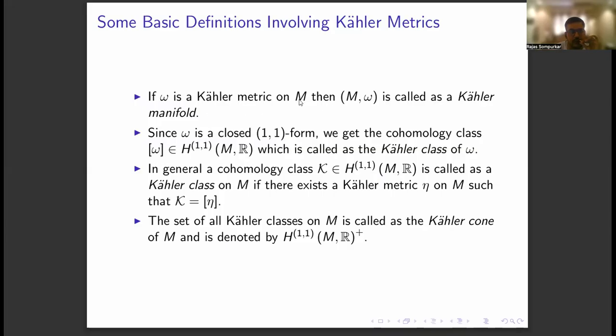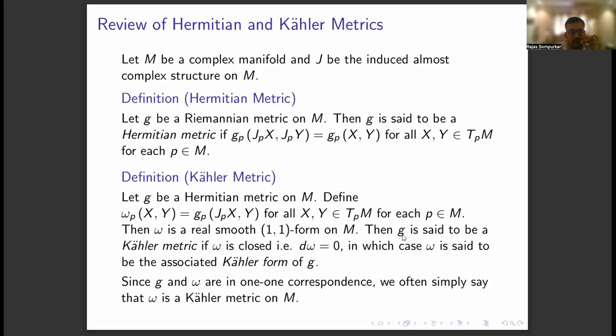A Kähler metric on a complex manifold M gives a Kähler manifold, and then as we saw, this omega is going to be a closed (1,1)-form. So (1,1) means that it is a 2-form in which the dz_i give (1,0)-forms and dz_i bar give (0,1)-forms, and then something like dz_i wedge dz_j bar is a (1,1)-form.